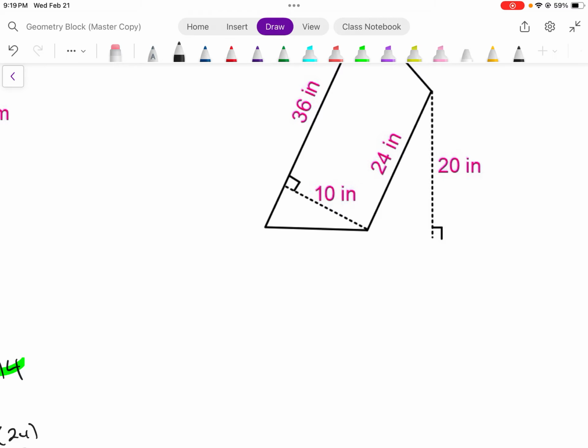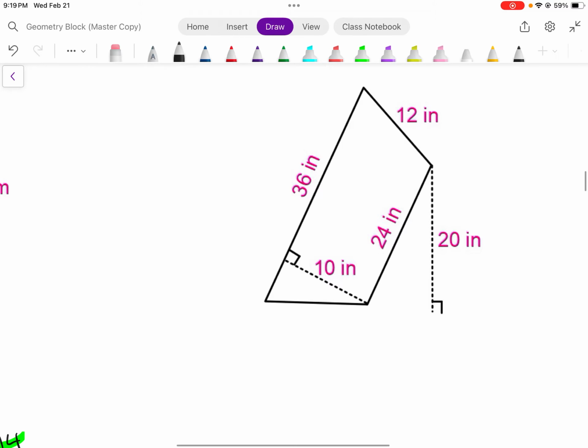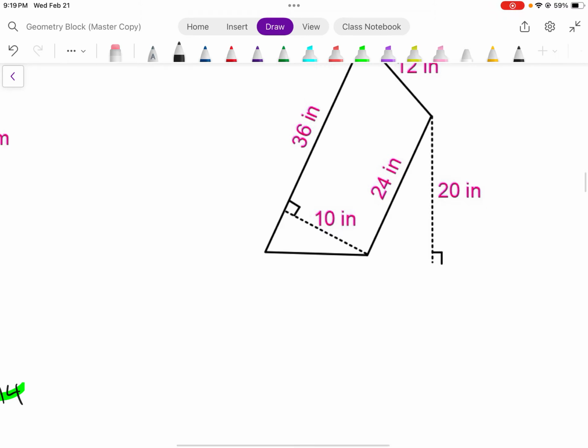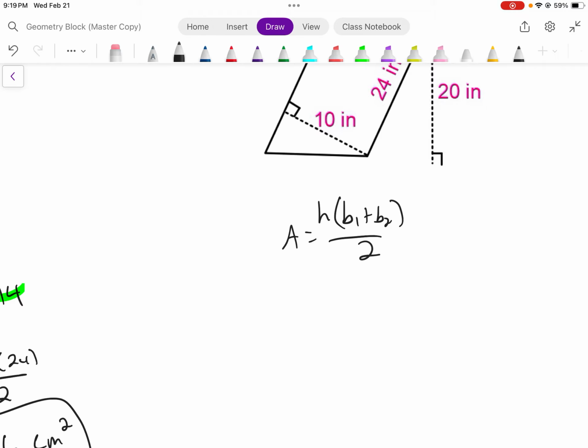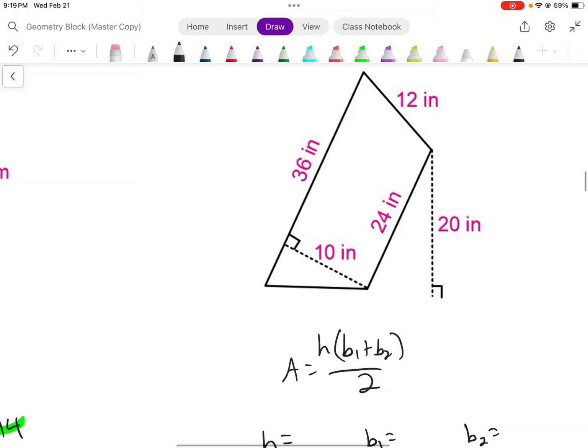Now when I go here, again, I will just identify what I can. It is a trapezoid. So again, height times base 1 plus base 2 all over 2. Actually, if you take a second, pause, give this one a try. Now that you've paused and tried it, again, identify the height and the 2 bases.